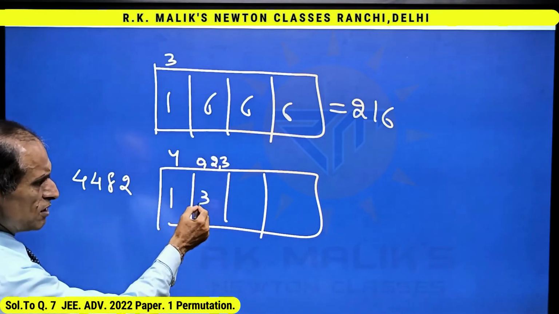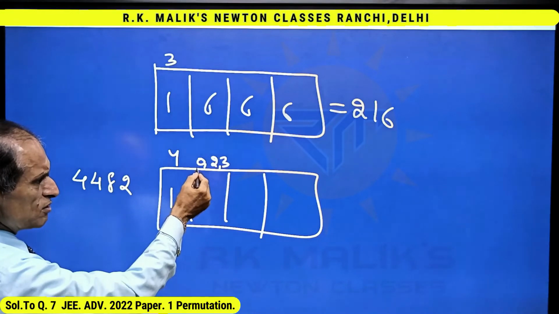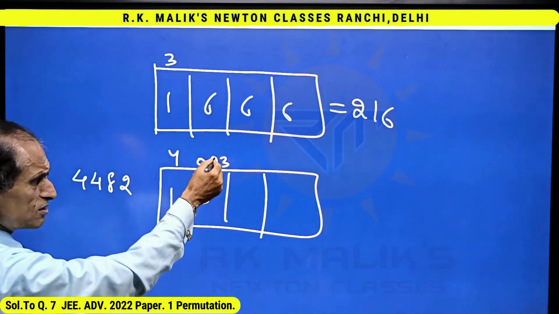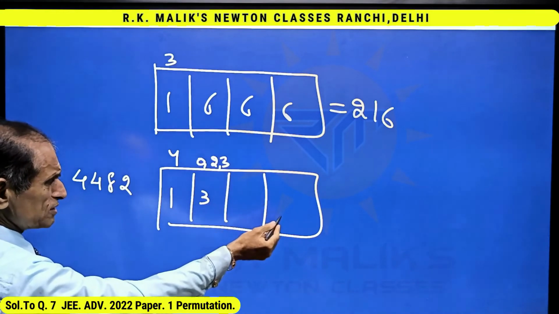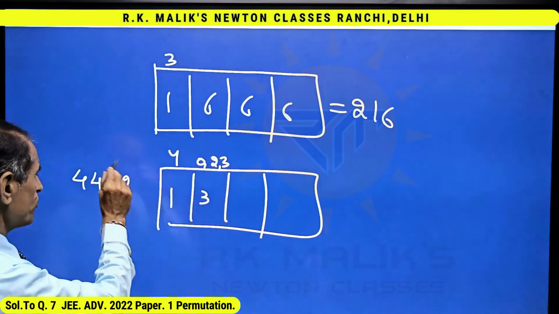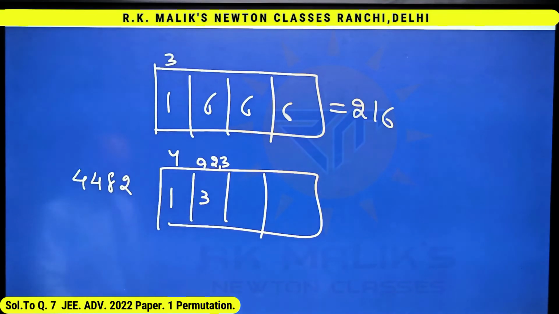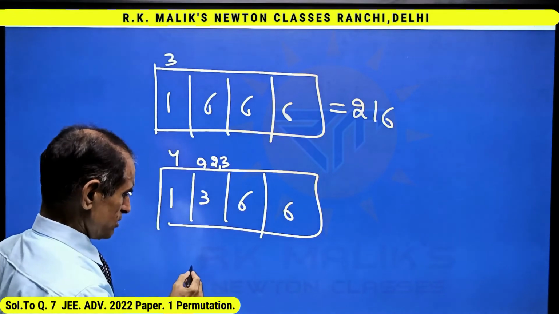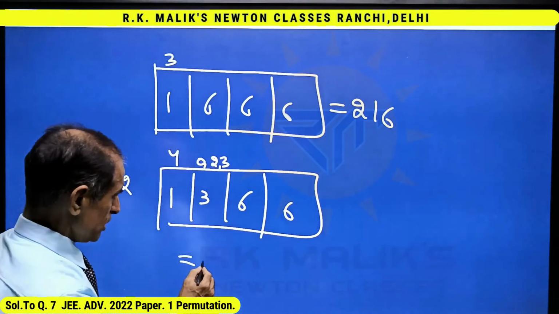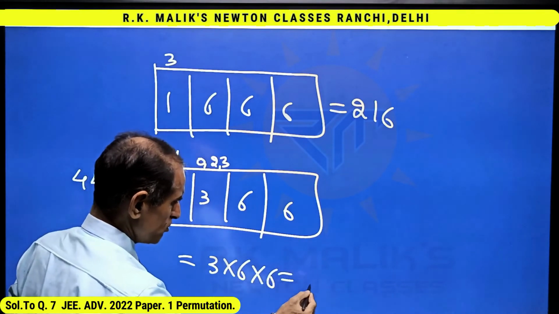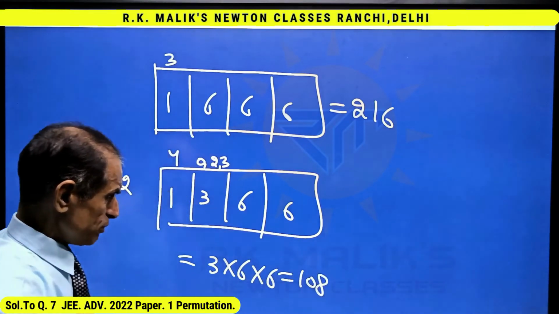That is 3 ways. And once this place is filled by any of these 3 digits, remaining 2 places are filled by any digit. Number found will be less than 4482. That is 6 ways here, 6 ways here. That is 3 into 6 into 6 equal to 108 numbers.